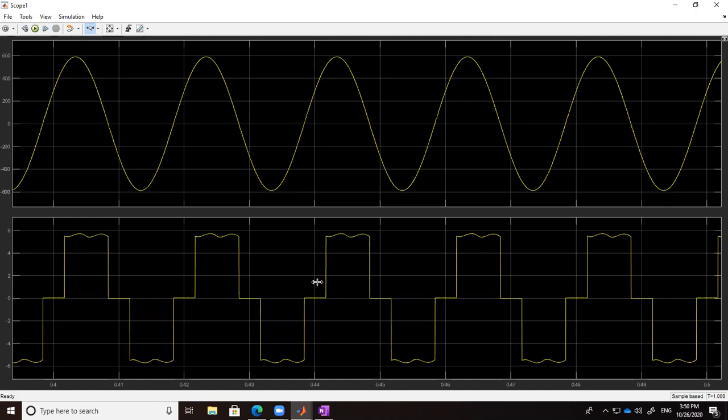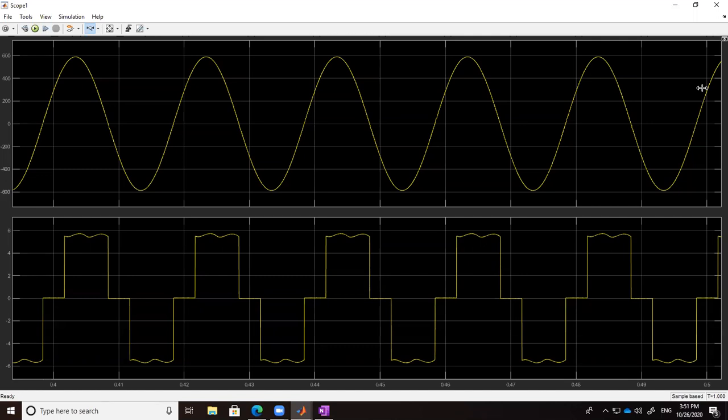Now, if your transformer or your cable is supplying this type of current, then it will definitely impact the overall system, right? So that is the purpose of our study: you cannot use anything in the system without knowing its implication.